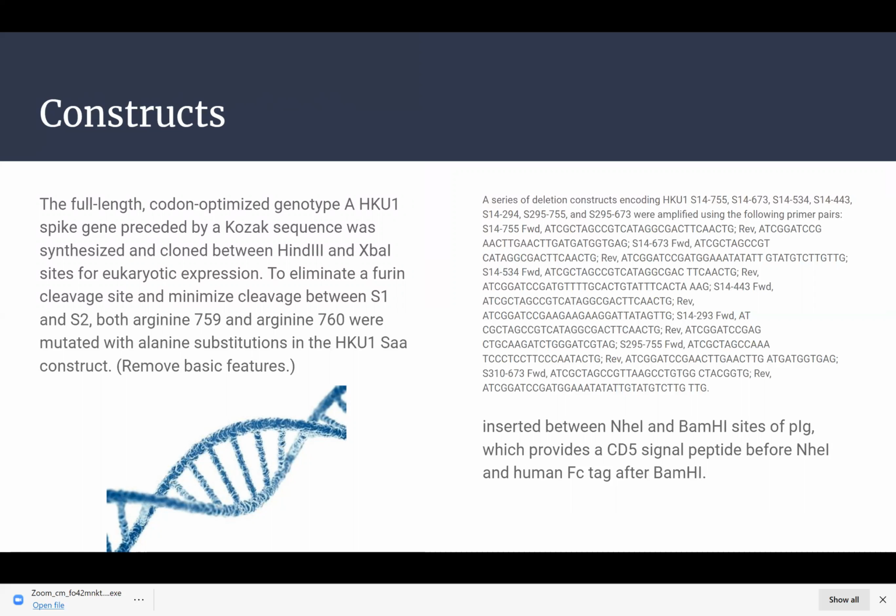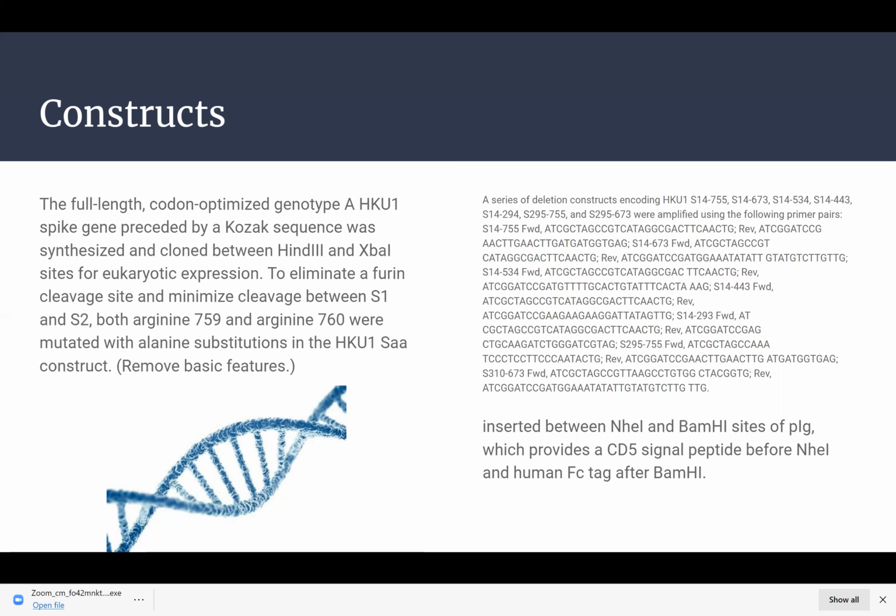On the right, we see the series of deletion constructs that they used in the HKU1 that they amplified using the following primer pairs. I included this mainly just to show that there were a lot of primers, forward and reverse, that they used to specifically insert the portions of DNA that they wanted.